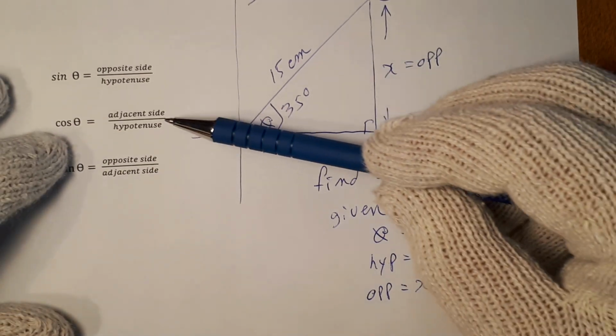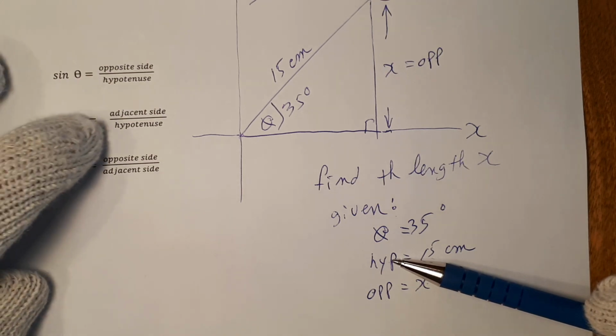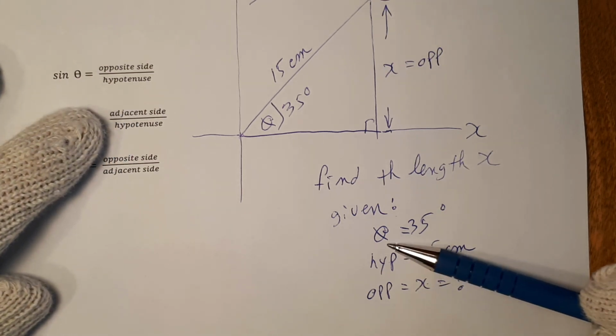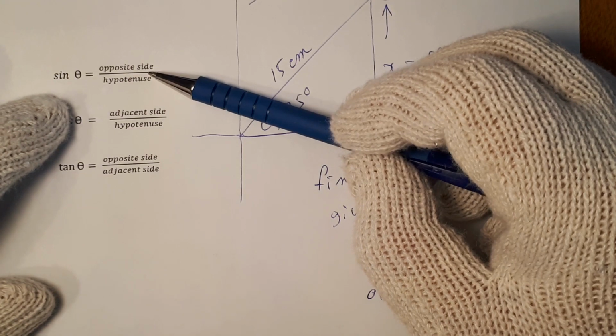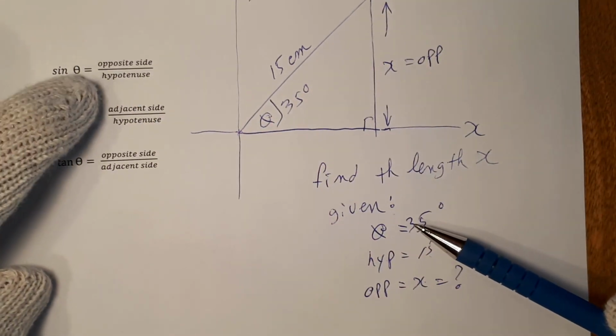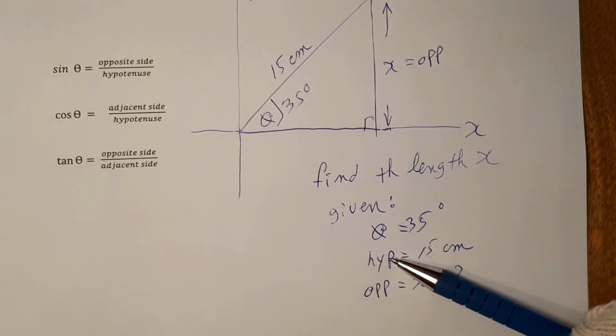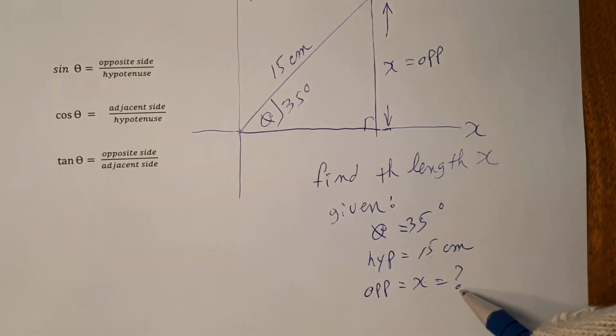Cosine theta requires adjacent and a hypotenuse. We have an opposite and a hypotenuse, so cosine theta will not be suitable to solve this problem. What's left over is sine theta, and we'll see if it has all 3 variables. We need theta, opposite, and the hypotenuse, and we have theta, opposite, and the hypotenuse. So we're going to use sine theta to solve for x.